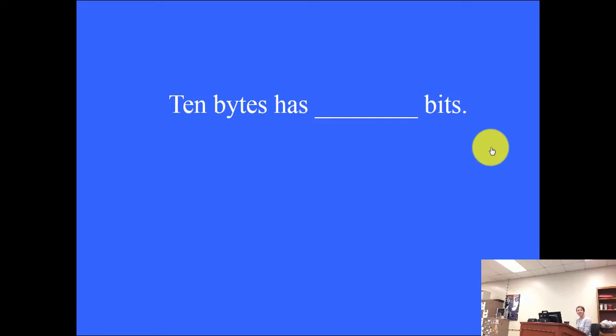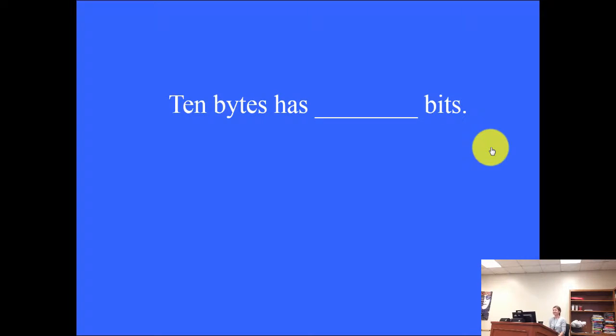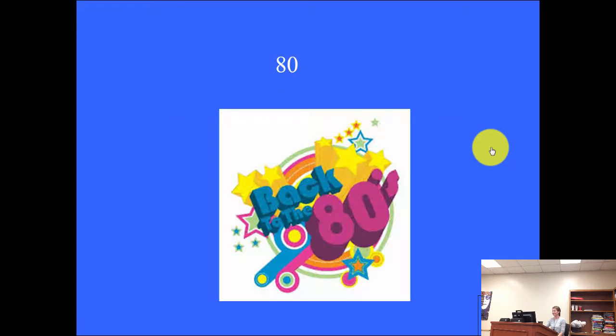Just remember how many is in 1 byte and then... Yes, good. So 8 bits per byte. So you just multiply it. Good job, Evelyn.